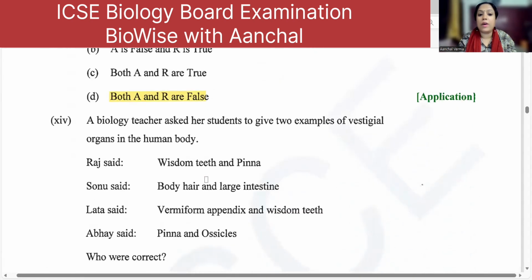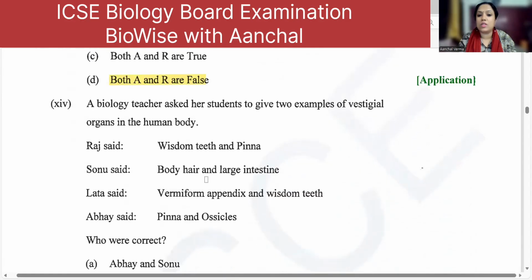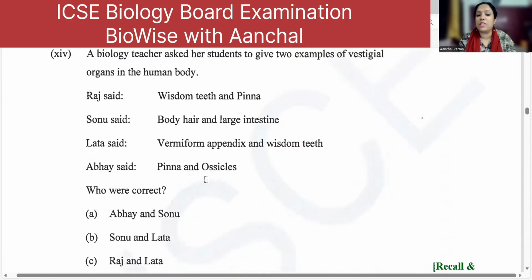Next one. A biology teacher asks her students to give two examples of vestigial organs. So let us mark the vestigial organs first. Raj said wisdom teeth and pinna, correct. Sonu said body hair and large intestine. Body hair can be vestigial, but it serves a little bit of function. The large intestine is a very important organ.